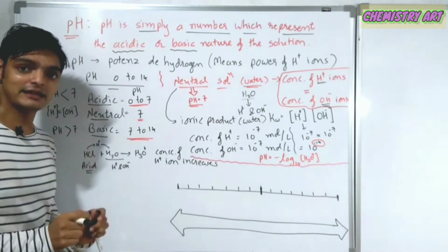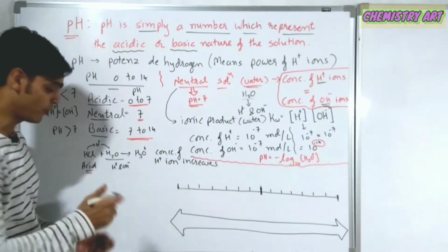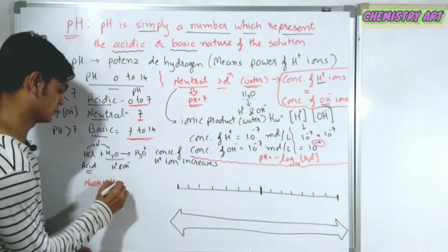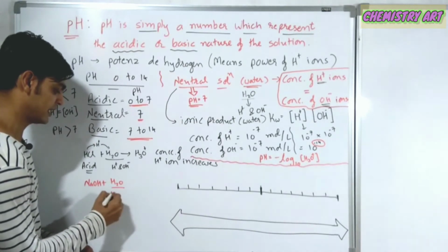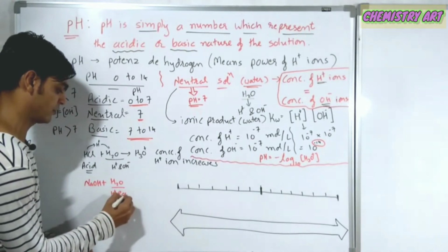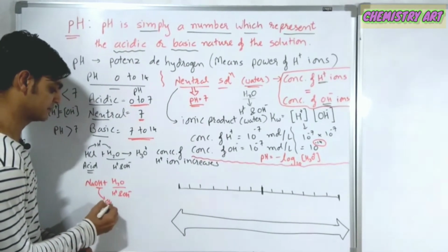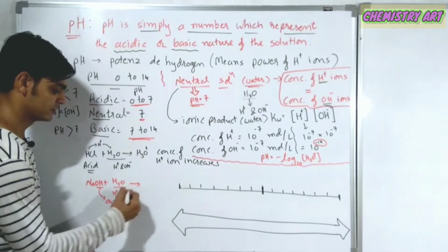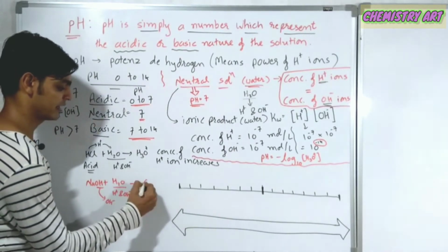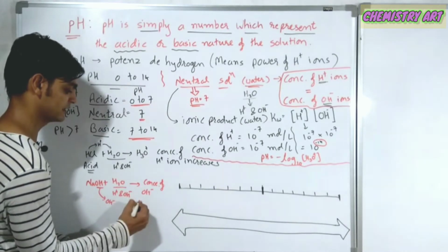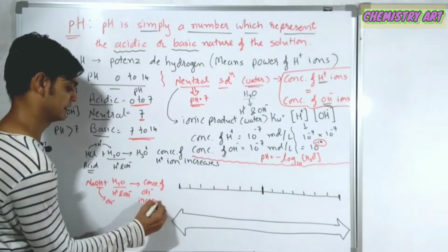And just like that, when we add NaOH into the water, see what happens: NaOH plus H2O. Again, in H2O there is H plus and OH minus, and from NaOH the OH minus will be released. So the concentration of OH minus increases.